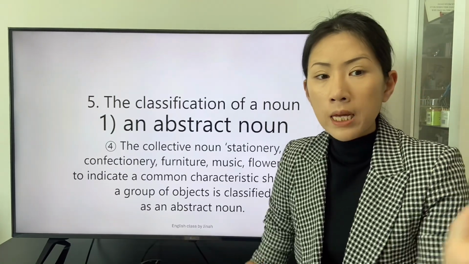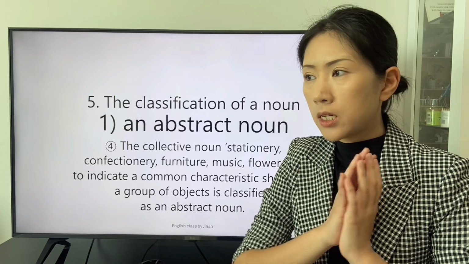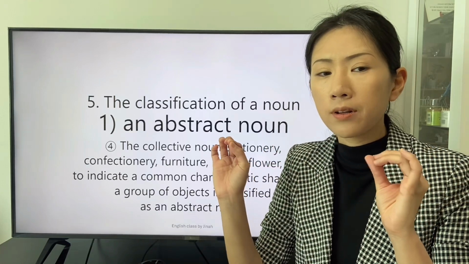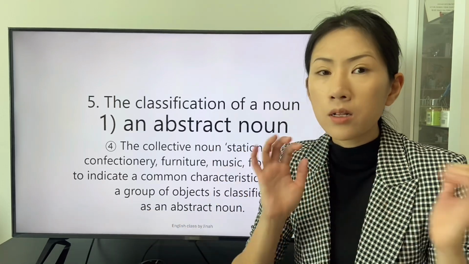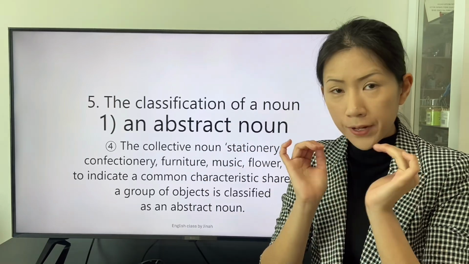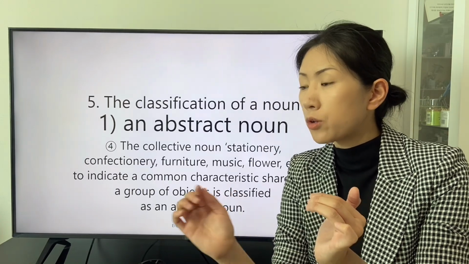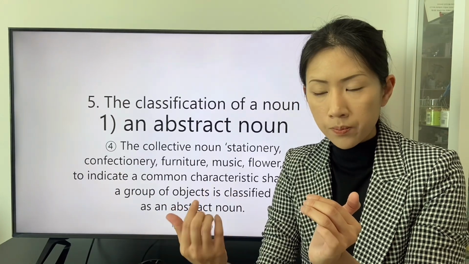The fourth example of the abstract noun is the collective noun. The collective noun indicates a feature of a group of objects.